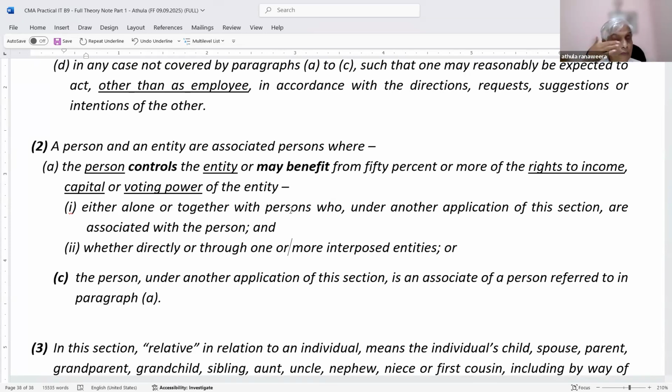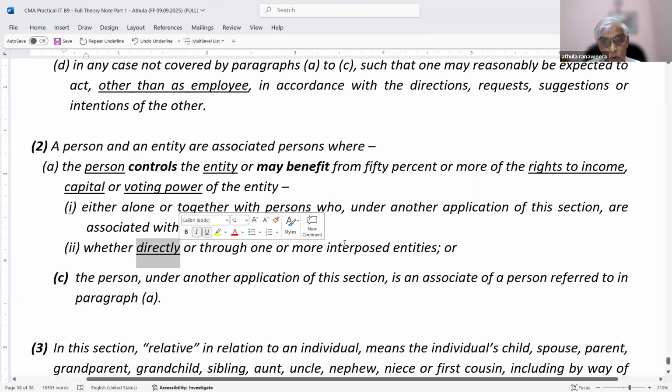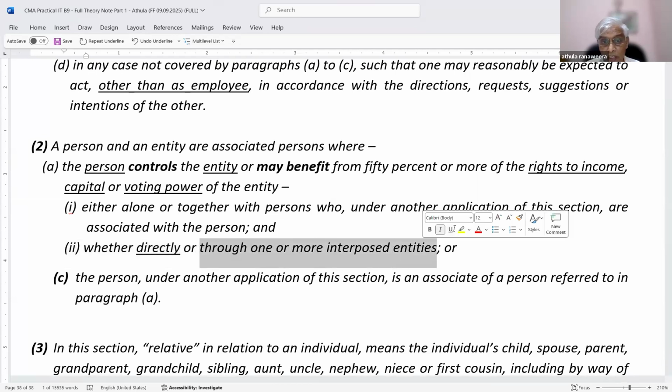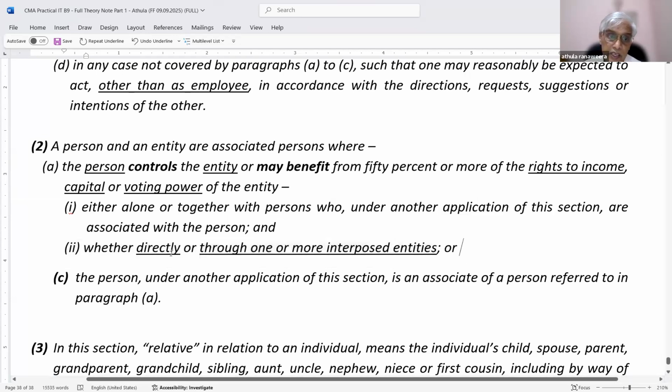Both are covered. And whether directly or through one or more interposed entities, that is, directly or indirectly.